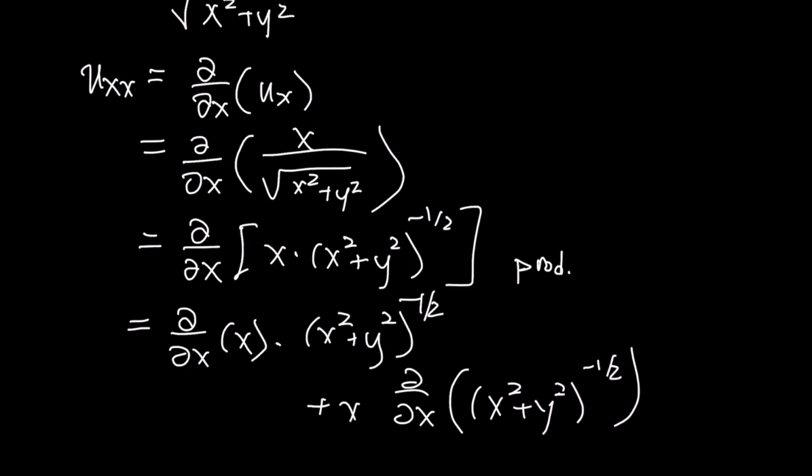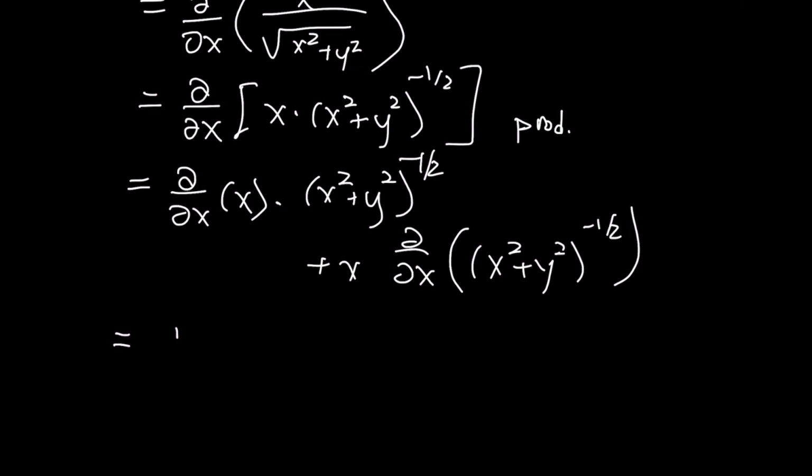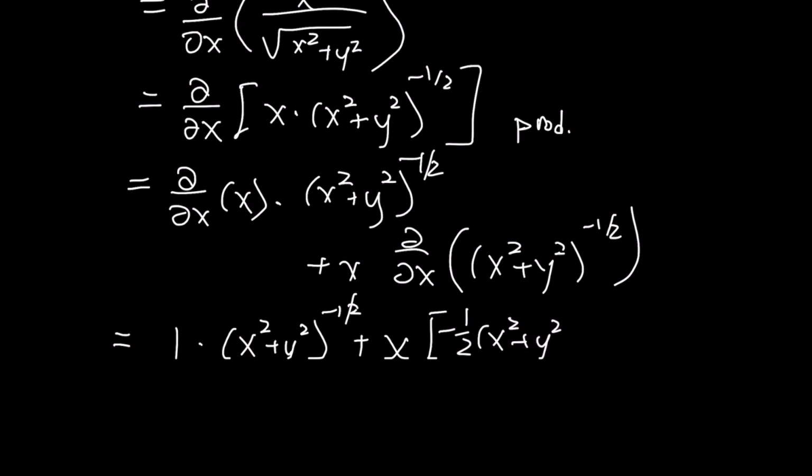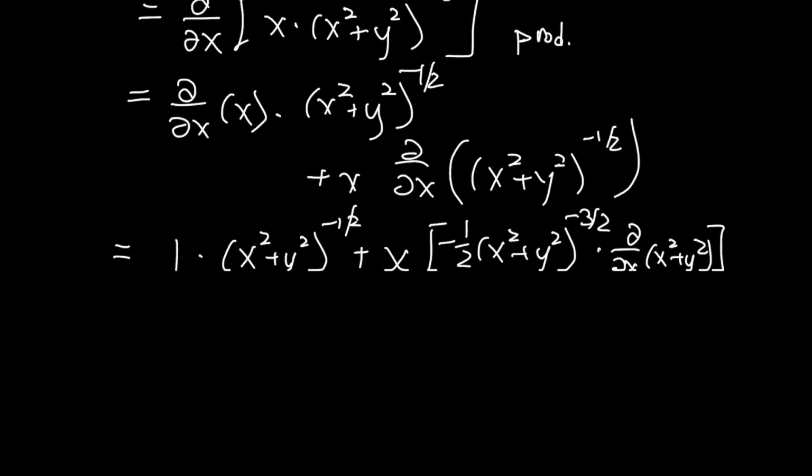So this is going to end up giving me a 1 times (x squared plus y squared) to the negative 1/2, plus x times a negative 1/2 (x squared plus y squared) to the minus 3/2. And then I have to take an x derivative of these things on the inside, just like before. So this will end up giving me an (x squared plus y squared) to the negative 1/2.